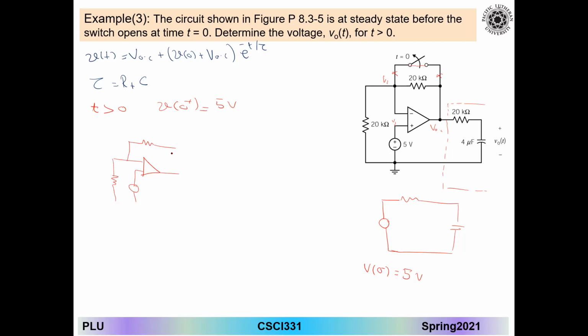And this is the voltage that I am looking for, the open circuit voltage. Minus, positive, and here is the plus 5 volts. And here's the 20K, here is another 20K, and that's it.